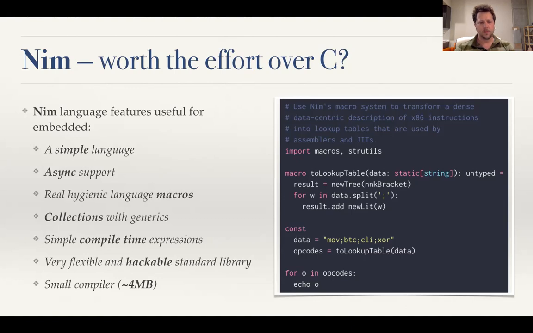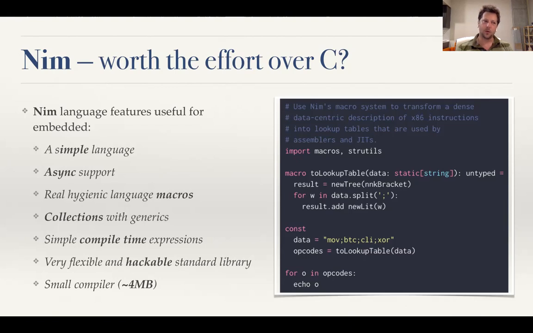Nim also has a very flexible standard library. It's fairly hackable. I found I was able to pull open the Nim compiler code base and standard library code base, and tweak the memory handling, tweak how things are allocated if I wanted to.